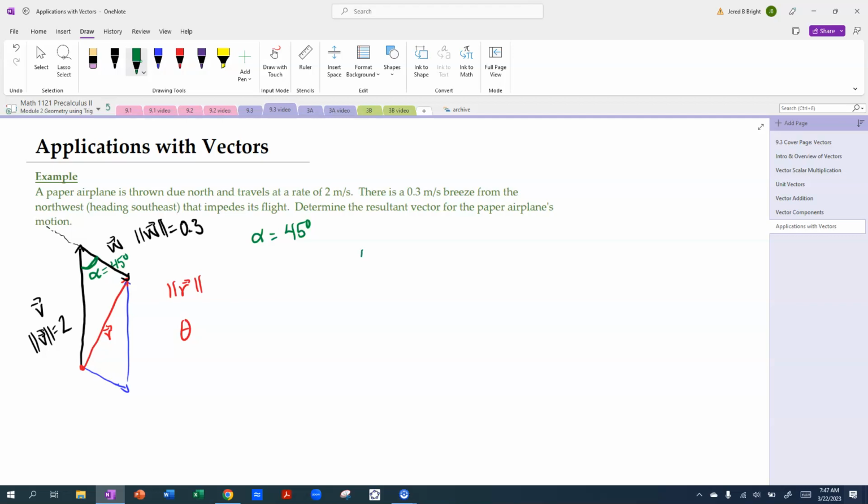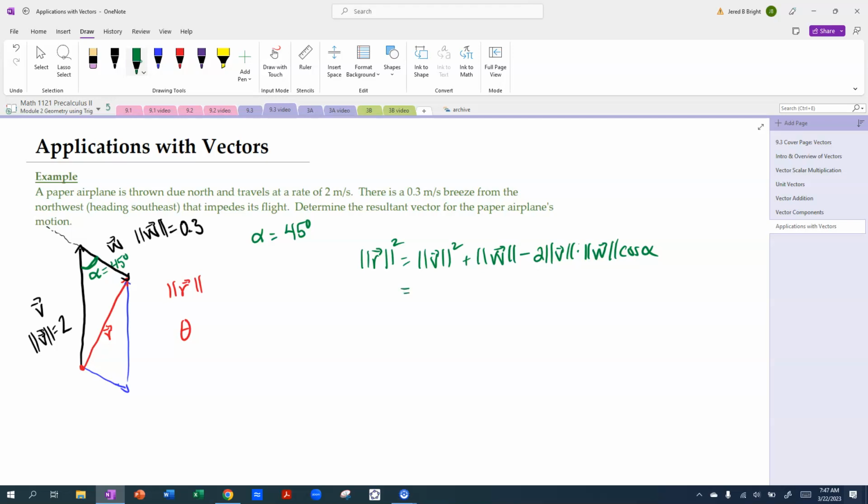So I'm going to use law of cosines to say the magnitude of the resultant squared is equal to the square of the magnitude of v plus the square of the length of w minus 2 times the magnitude of v times the magnitude of w times the cosine of the included angle, which is alpha.